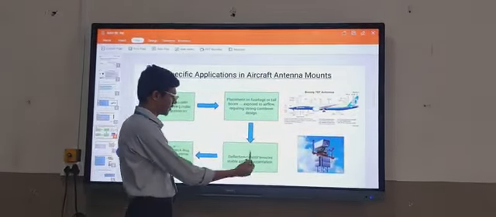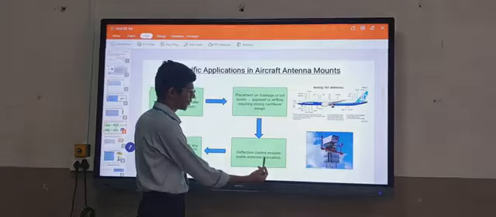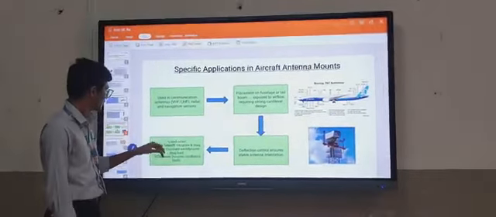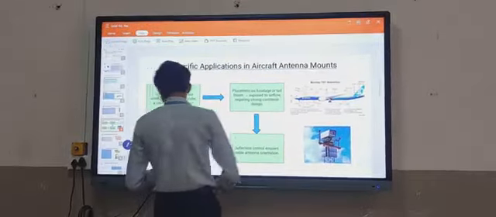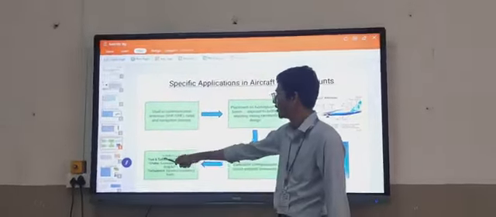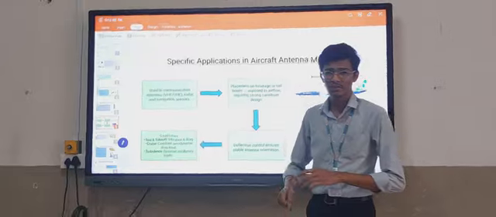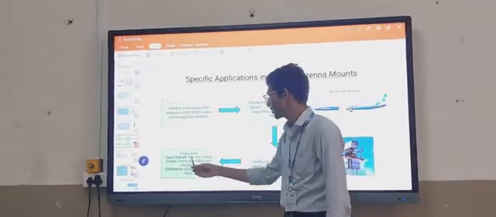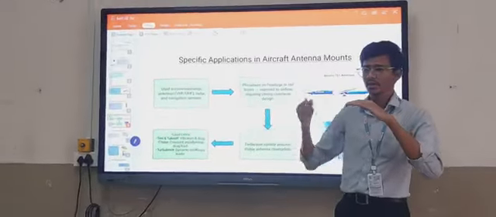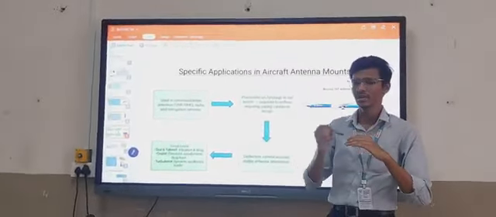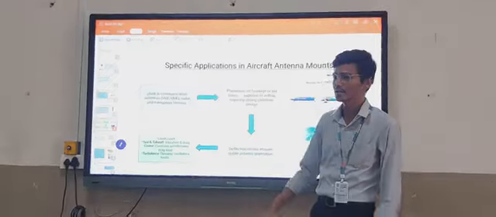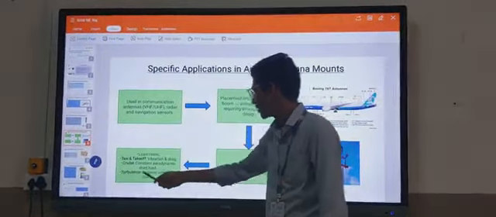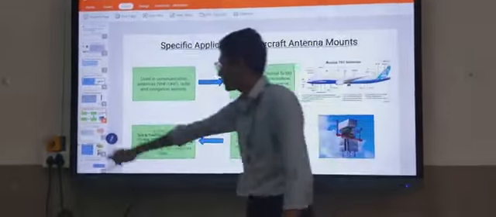Deflection control ensures stable antenna operation. Then the load cases: during takeoff and taxi, vibration and drag force apply on the antennas. First, continuous aerodynamic load: in the air, airflow forces act on the antennas. That's why the deflection happens. And second, dynamic oscillation of loads.